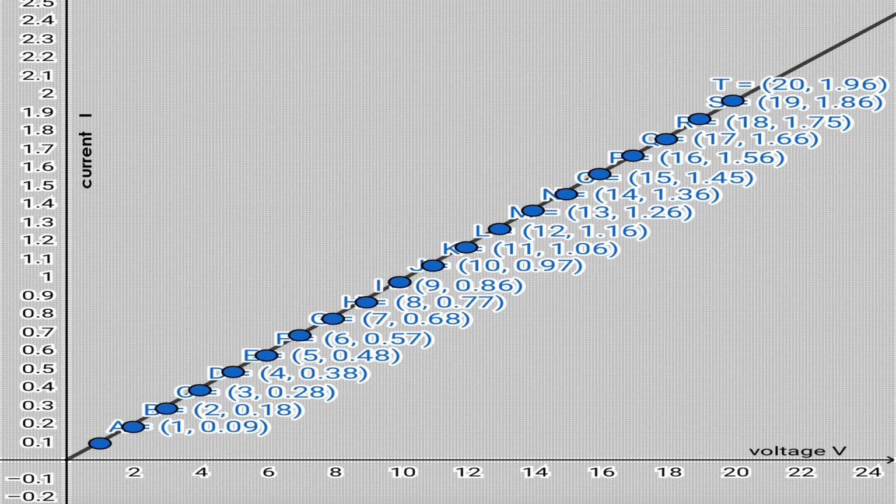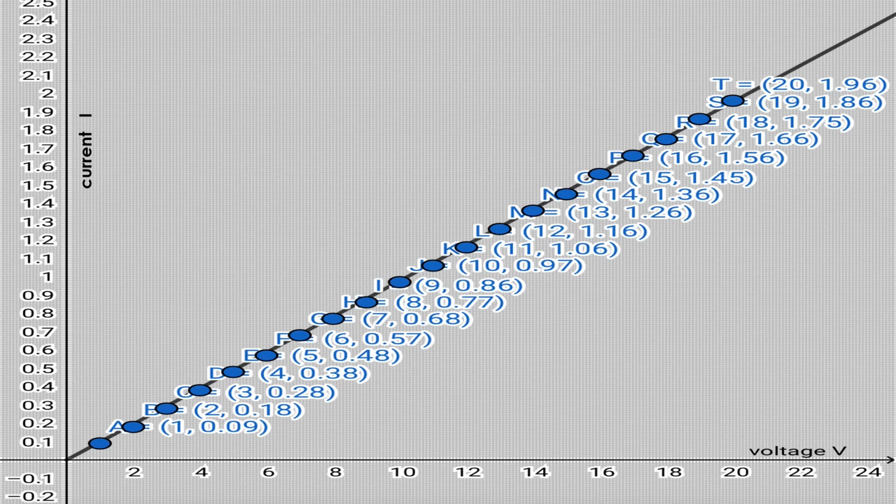In the x-axis the voltage and in the y-axis the current, and you can see all these values from 1 volt to 20 volt, and the current from 0.09 milliampere to 1.96 milliampere, which we found from the multimeter and from the power supply.